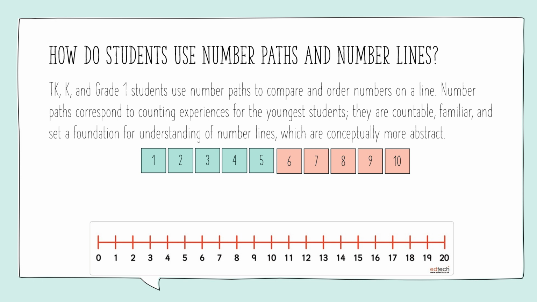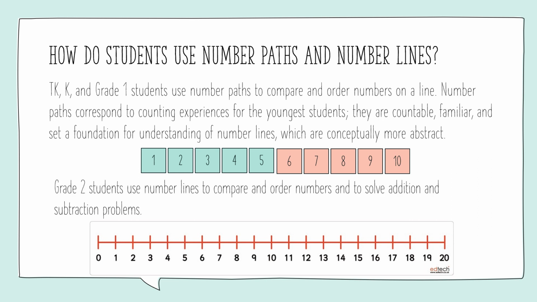Number lines are more demanding conceptually, as the location of a number on the line represents its measurable distance from 0. For these reasons, the transition from number paths to number lines needs to be thoughtfully initiated. Grade 2 students use number lines to compare and order numbers and to solve addition and subtraction problems.